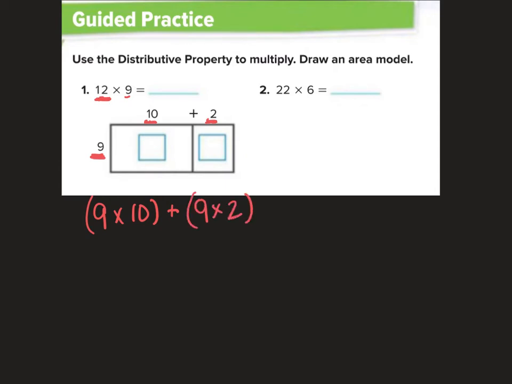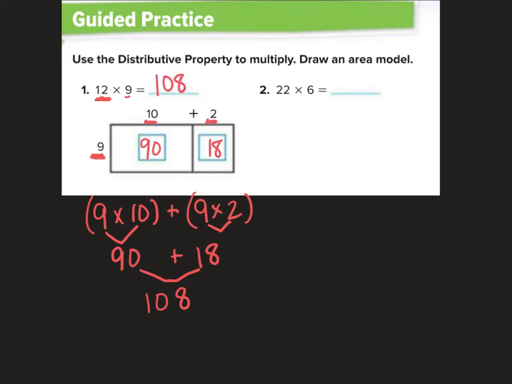Okay, so 10 groups of 9 is, look at my arrow here, 90 plus 9 times 2, 9 plus 9 is 18. Then I'm going to take 90 plus 18 to get 108. Okay, so 90 plus 18, my answer is 108.